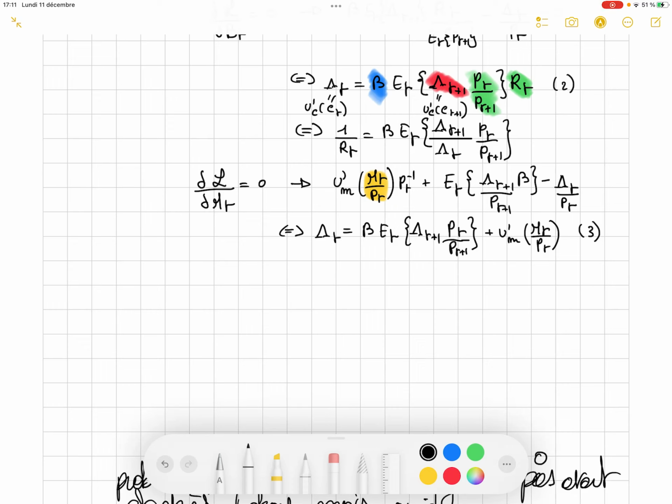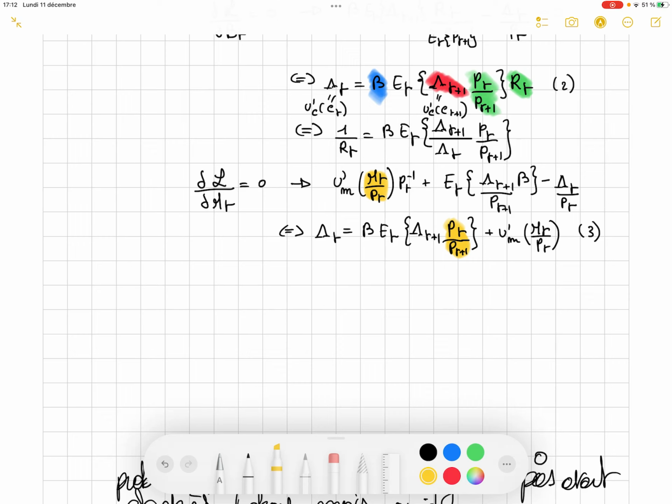And as you can consume money tomorrow, you know that if you get 1 unit of consumption in terms of money, what you get tomorrow is basically the amount of money at the current period, but divided by the price at the next period. So your money is maybe less or more worthy according to your expectation.